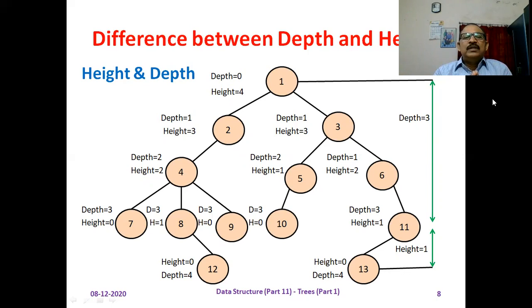When you look at a tree as a whole, the height and depth of a tree is equal to the height of the root node, and they should be the same. The height and depth of a given tree should be the same value and is equal to the height of the root node.